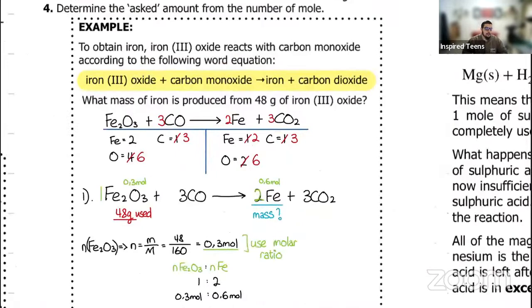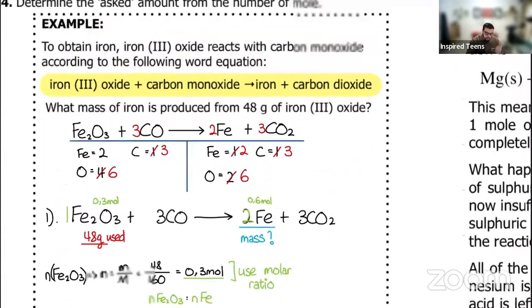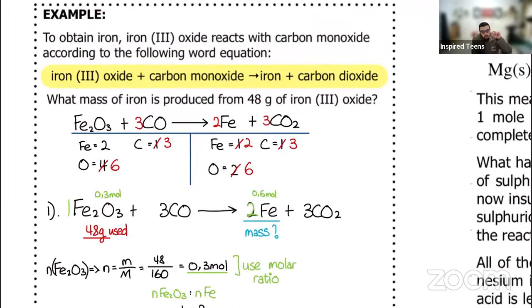Balancing this chemical equation, right? What mass of iron is produced from 48 grams of iron(III) oxide? That mass, we calculated it here. How do we do it? We always want to work with moles. In order to use the molar ratio, we have to have the moles. So we converted.